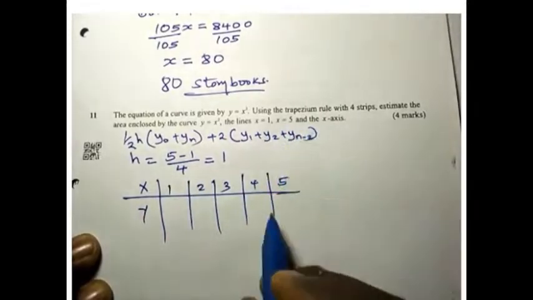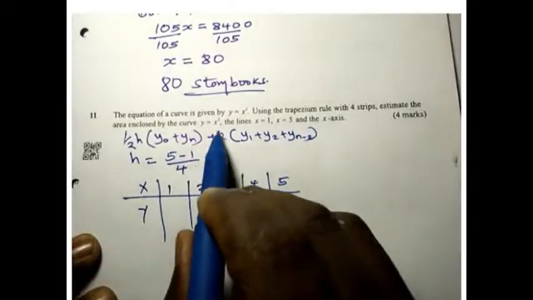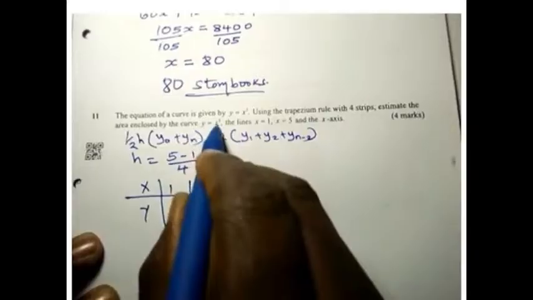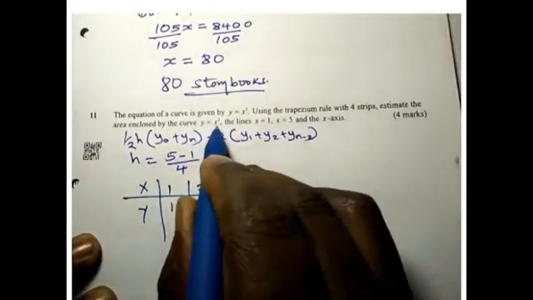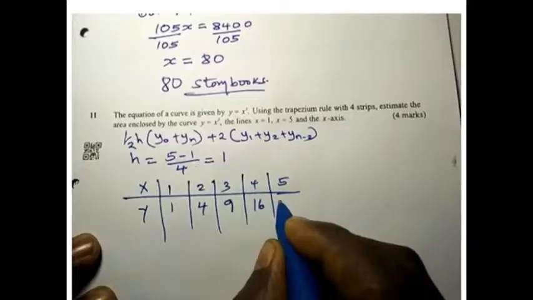When x is 1, y is going to be 1. When x is 2, we square 2, which is 4. When x is 3, the squares are 9, 16, and 25 respectively.